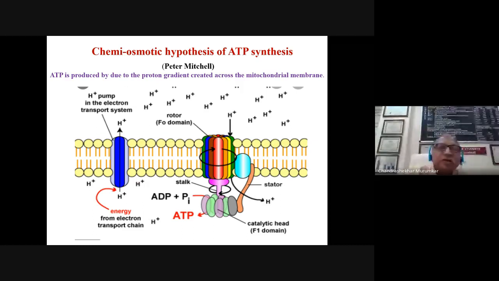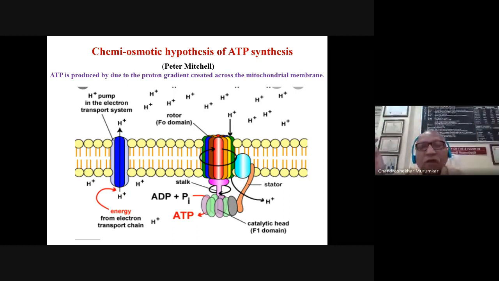You can see a bilipid layer with lipid molecules as well as protein molecules. Then in between you can see the channel. These are cytochromes which are responsible for pumping the hydrogen protons in the inner membrane structure. And then you can see the ATP synthetase enzyme.